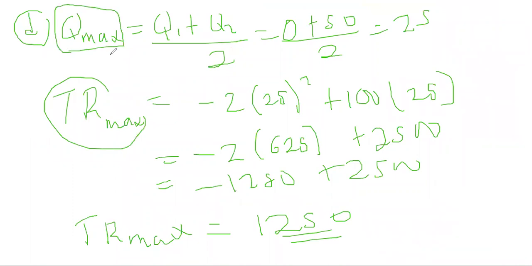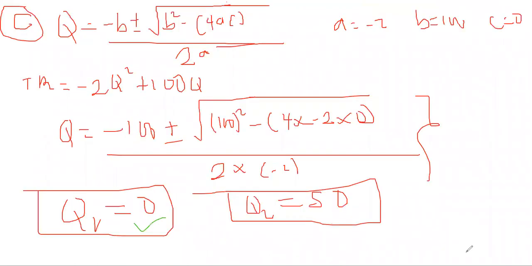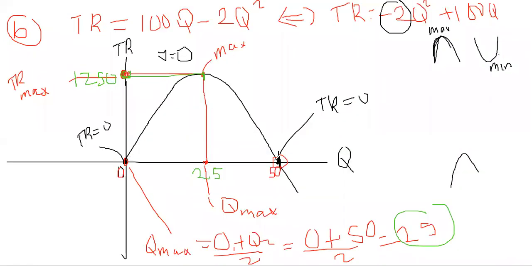In other words, we want to find the quantity that will help us to achieve the maximum total revenue. And to find that quantity, what you need to do is Q1 plus Q2. Where are these Q1 and Q2 coming from? It's here, we calculated them. So in the graph, these are the 2 points where total revenue is 0. You add this and you average it. In other words, 0 plus 50 divided by 2.